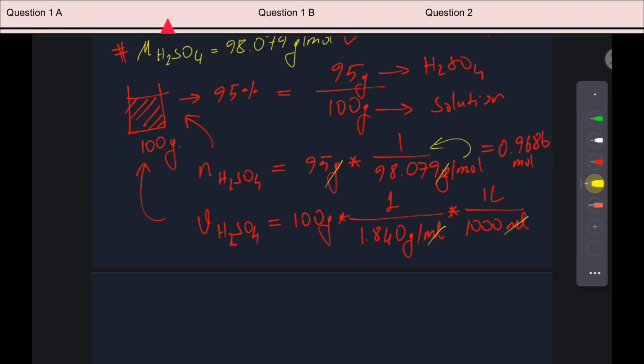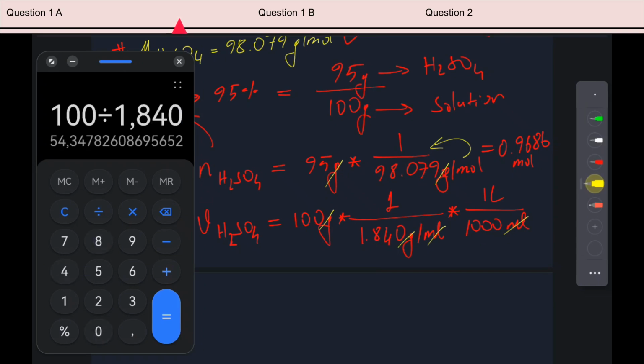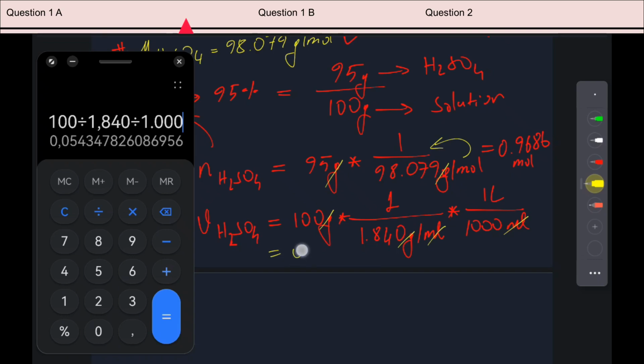So milliliters will cancel each other, grams will cancel each other, and if I calculate, 100 over 1.840 divided by 1000 is 0.05434 liters.